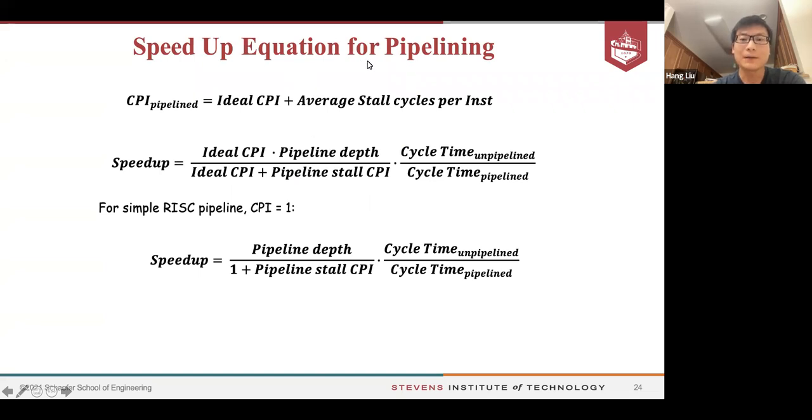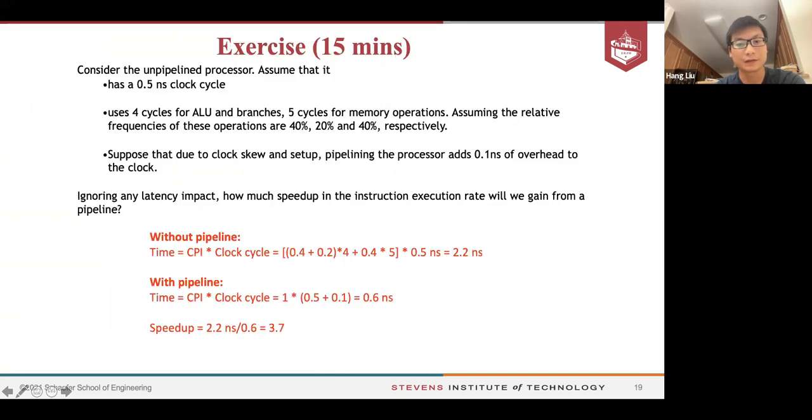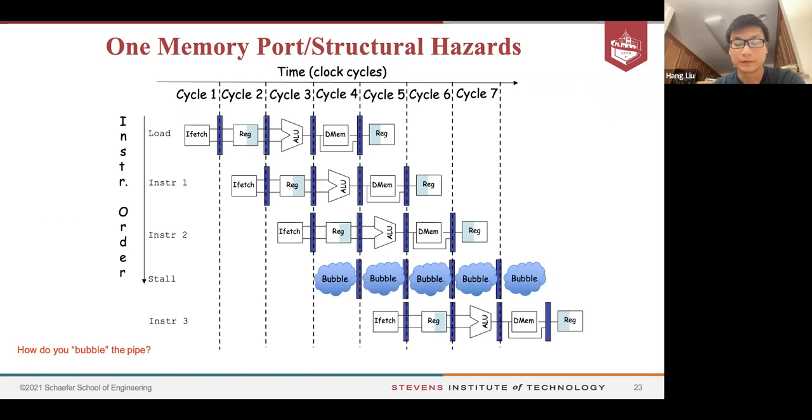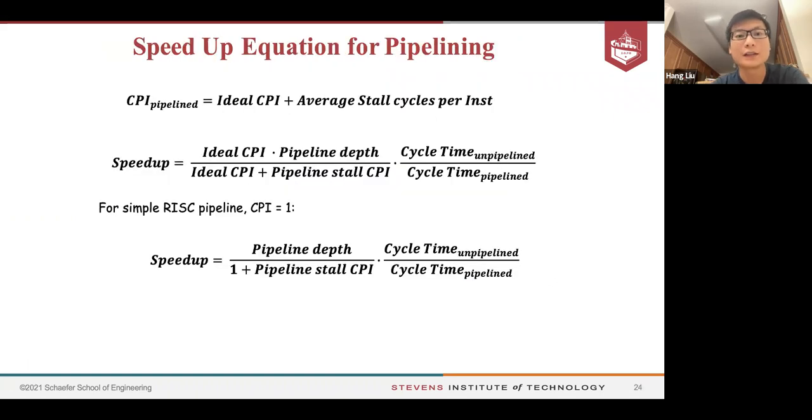So the speedup for pipelining, if you remember our first exercise here, we assume we have pipelining, and then we have 3.7 times speedup because our CPI is 1. But actually, the pipeline CPI is not the ideal CPI. The ideal CPI is 1, but you have to include the average stall time per instruction, right?